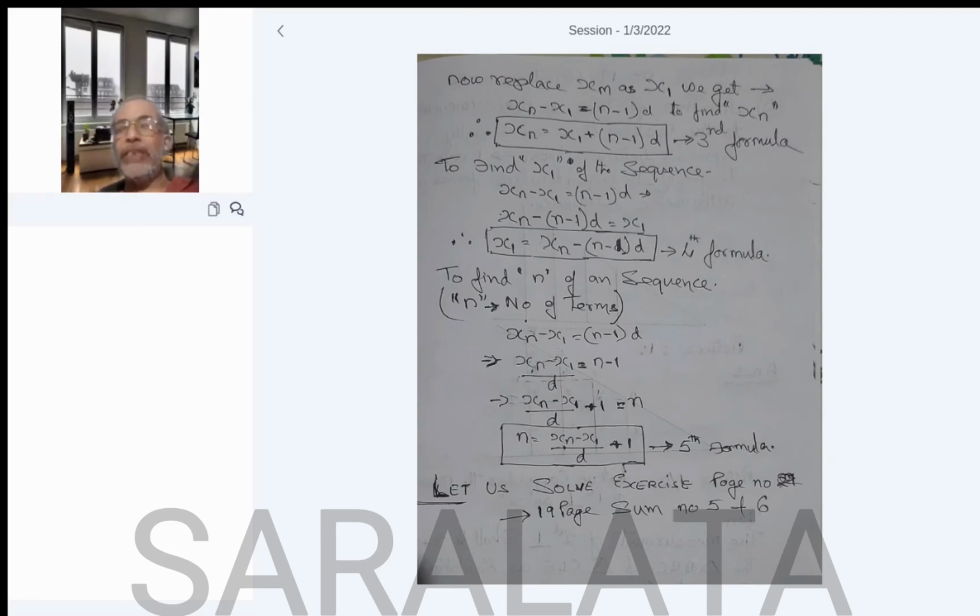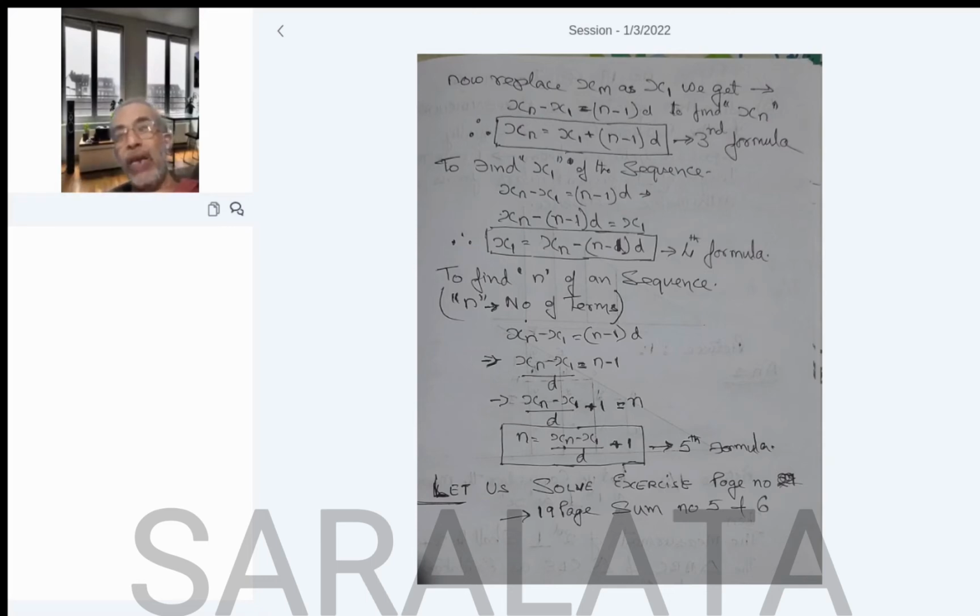Okay. The same way, if I need to find out x1, then what I do is I put my x1 on the left side and put everything on the right side. So here again the formula will become x1 is equal to xn minus (n minus 1) into d, because here xn was plus.